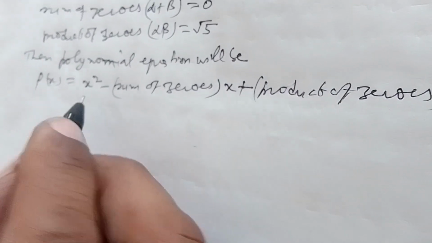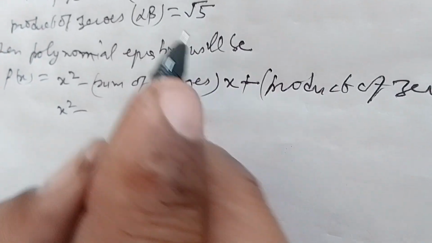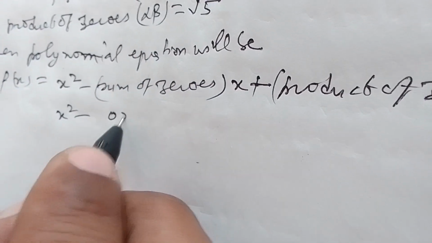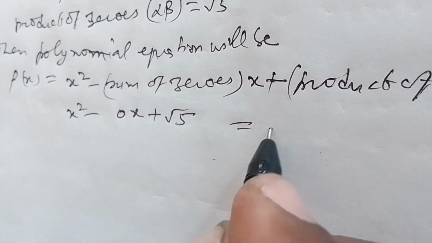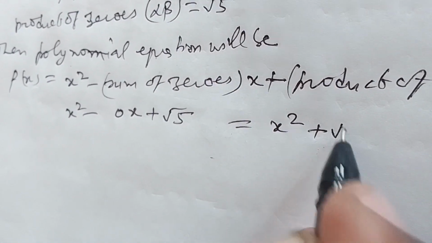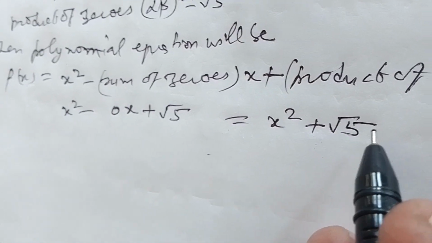So inserting the values: x square, sum of zeros is 0, so 0x, plus product of zeros is under root 5. So it comes out to be x square plus under root 5. So this is the answer of the third part.